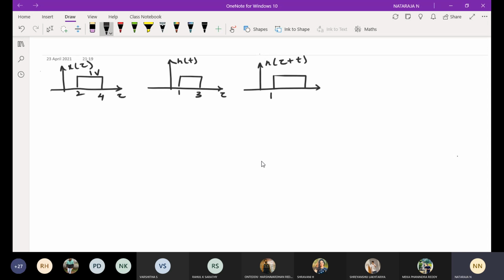Here we have 1, here we have 3. I had taken plus t on the y-axis; on the x-axis it becomes minus t, so minus 3 minus t.